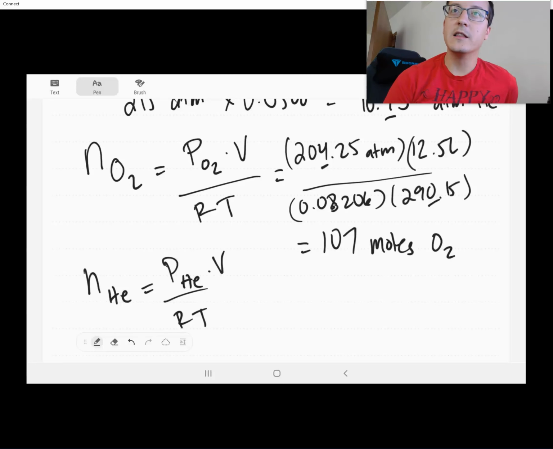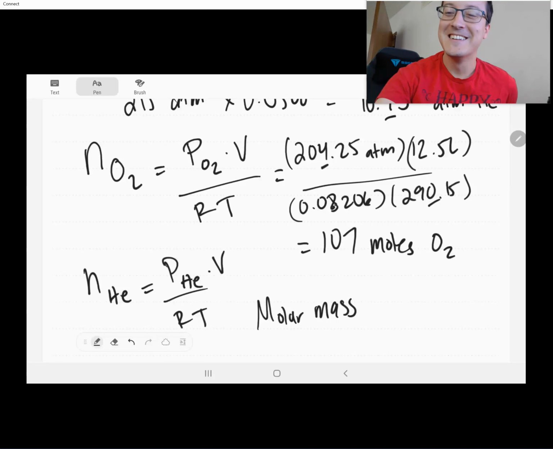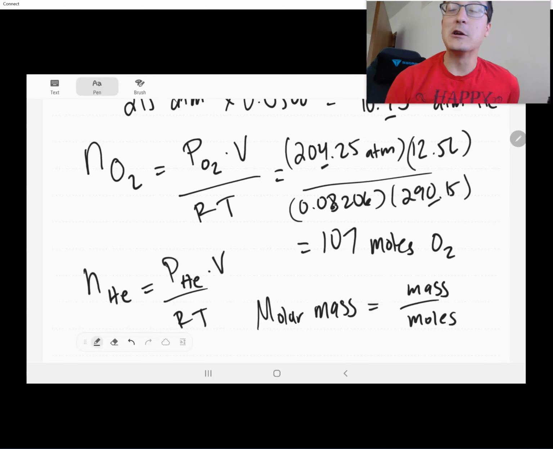Okay, I'll give you a little hint for the lab here. Anytime you're looking for molar mass of something unknown, I'm sorry, Zoe. Yeah, I guess so. That's always going to be your mass over your moles when you're doing it experimentally, which you'll find is the units of grams per mole.